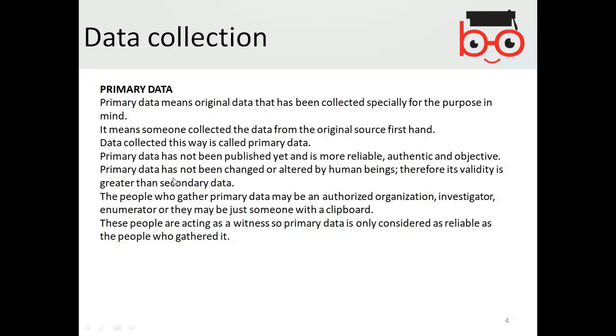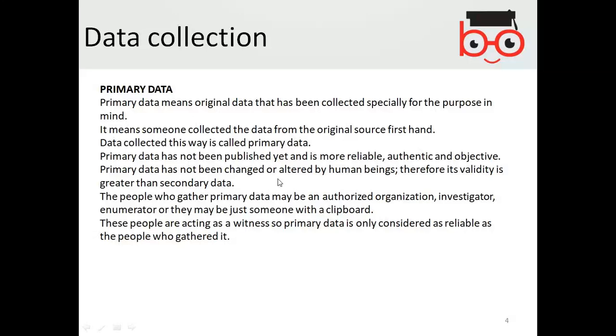Primary data has not been changed or altered by human beings. Therefore, its validity is greater than that of secondary data. Obviously, if you are dealing with primary data, nobody else would have used, changed, interpreted or modified it, so it will have greater validity.